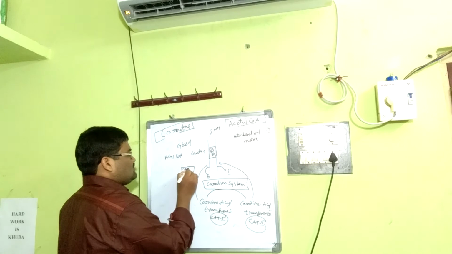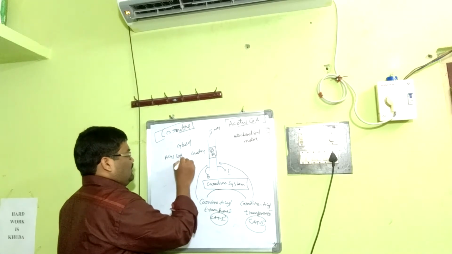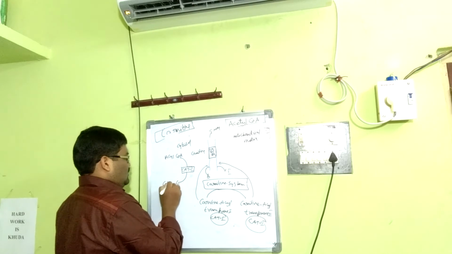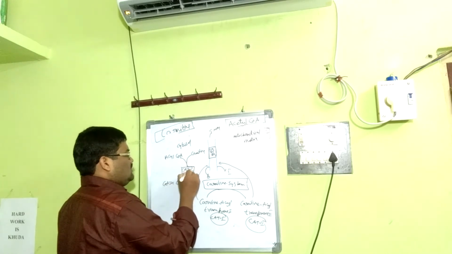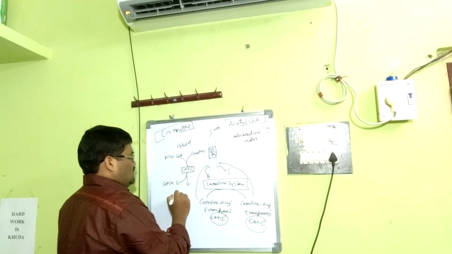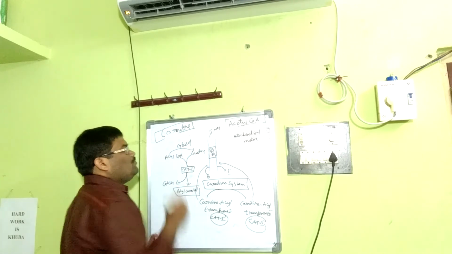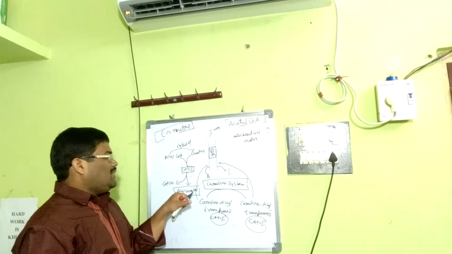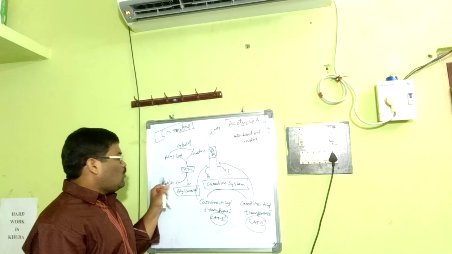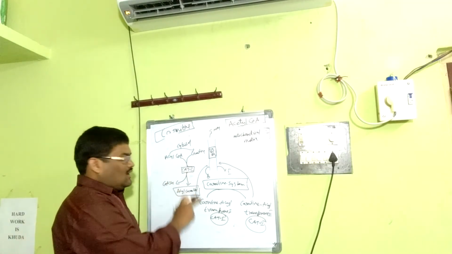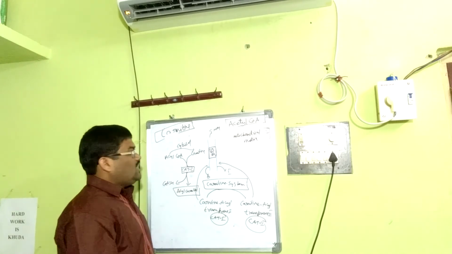Carnitine acyl transferase 1 will remove the coenzyme A and form acyl carnitine. That means the acyl group combines with carnitine forming acyl carnitine, and the coenzyme A part is liberated. This is done by carnitine acyl transferase 1, right?